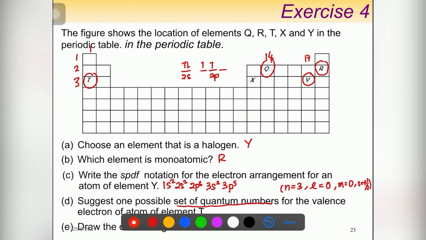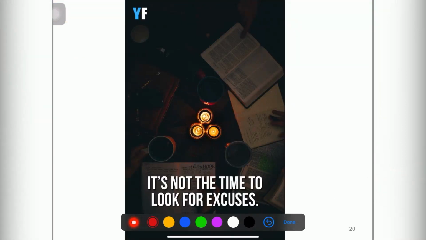And then this is the valence electronic configuration in orbital diagram for Q. Then you complete the previous electronic configuration, which occupies orbital 1s. So this is the electronic configuration in orbital diagram for Q. Okay, that's all. Thank you.